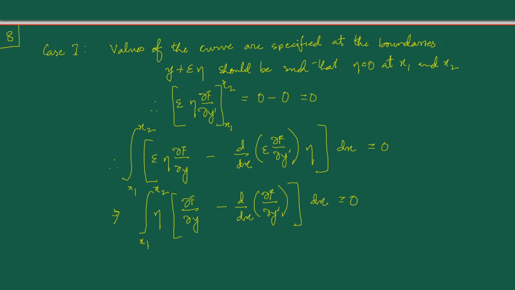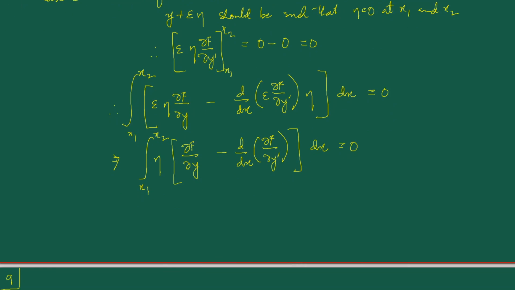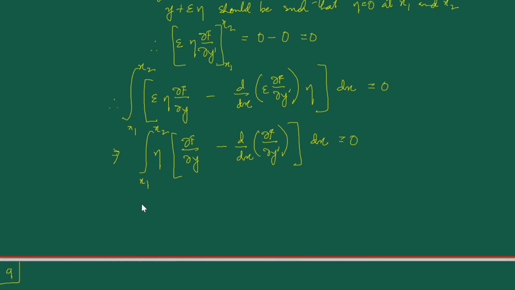It is not a constant, but very usefully, eta is arbitrary. And because this integration must be true for any arbitrary choice of eta, therefore it follows that this integrand must be equal to 0.